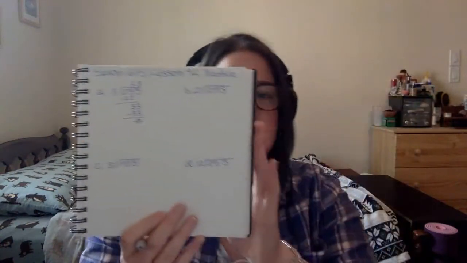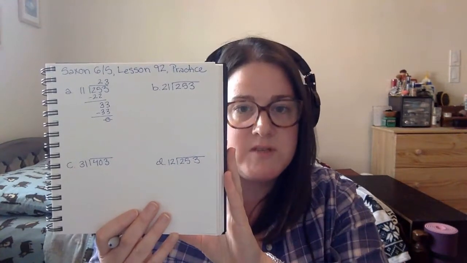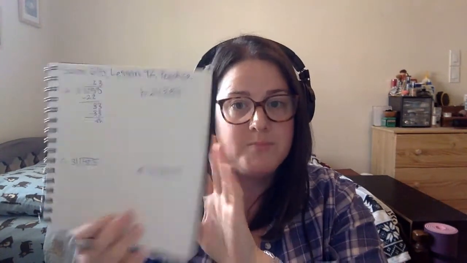B is 253 divided by 21. We can't divide 2, it's too small. We're going to divide 25. 25 divided by 21, that's going to be 1. 1 times 21 is 21. 25 minus 21 is 4. We're going to bring down our next digit, which is 3, and that gives us 43.